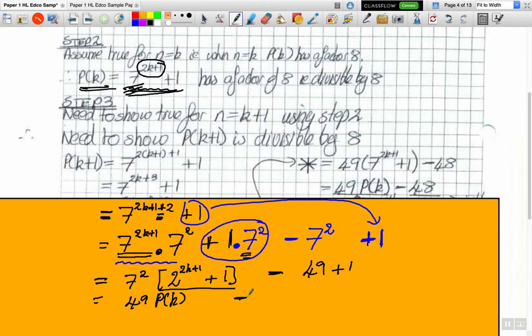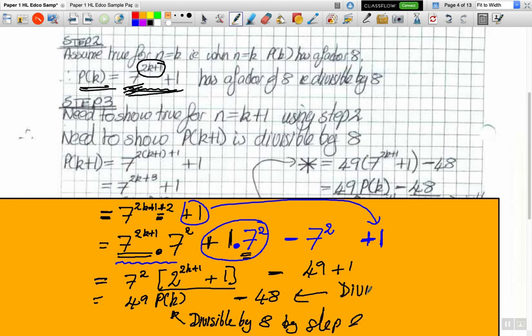And this thing here is minus 48. 8s go into pk, that's divisible by 8 by step 2, and that's divisible by 8 because 8s go into 48 6 times. You can explain that to the examiner, it's not a problem. And that is the end of that part of the problem, and then you say proof follows by induction.